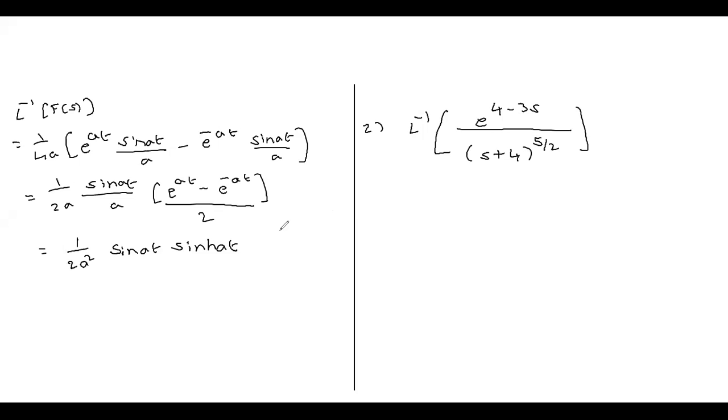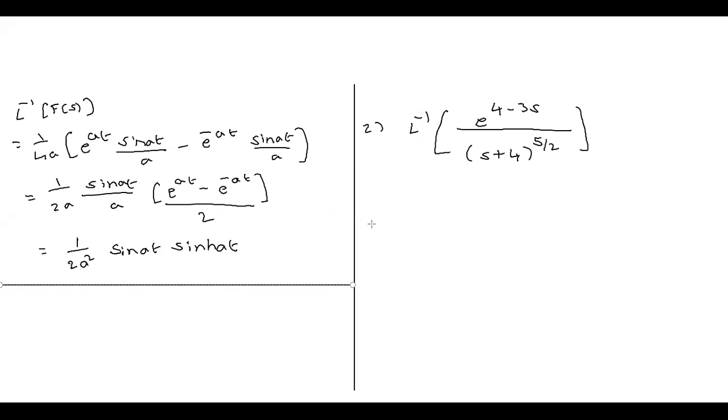Tell me what to do. What should be my first step? Second shifting property. Before the second shifting theorem, what should I do? Splitting the exponential. You have to split the exponential, right?